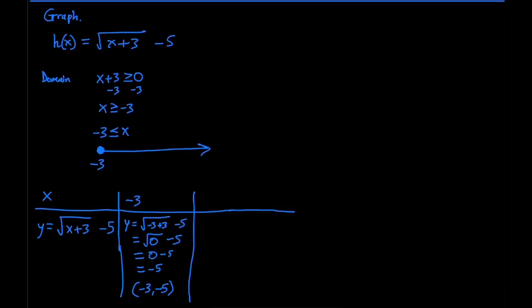Now, here I'll tell you this. Because you have to find a square root, what you want to do is try to get a perfect square underneath the radical. So you pick some number for x that when you add 3 to it, you'll get a perfect square. And then when you find the square root of that, you'll subtract 5 and you'll still have an integer. So what you want to think about are, what are some perfect squares?